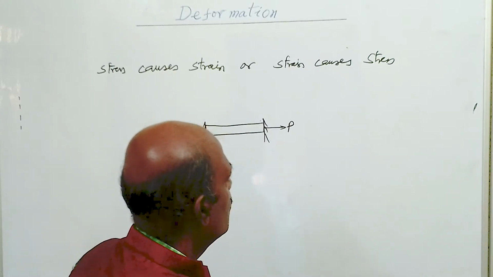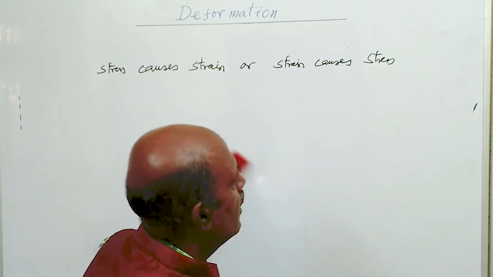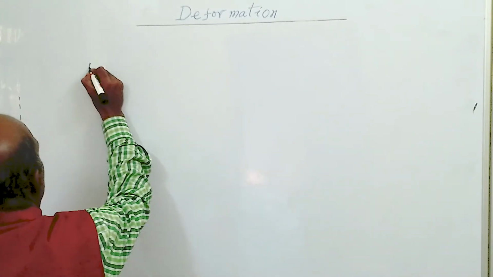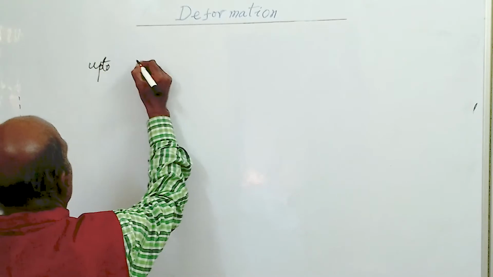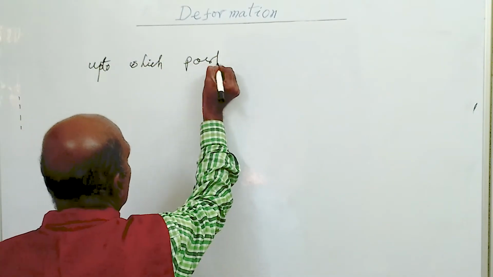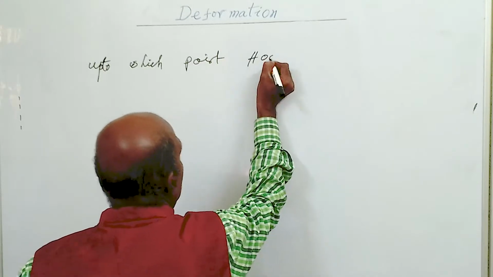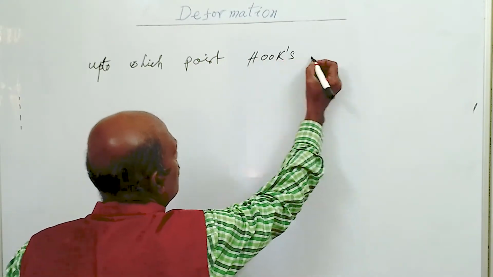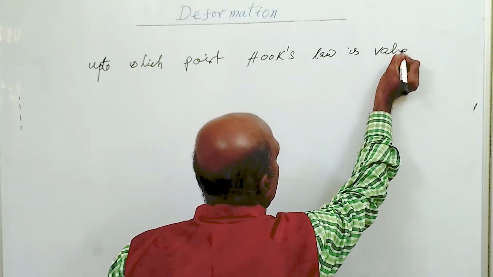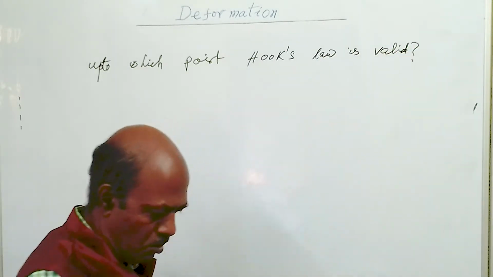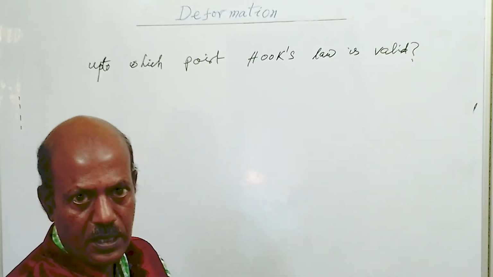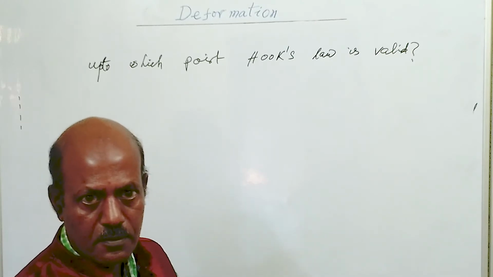Now we will see the next question: up to which point is Hooke's law valid? So we know what Hooke's law is. Within elastic limit, stress is directly proportional to strain.